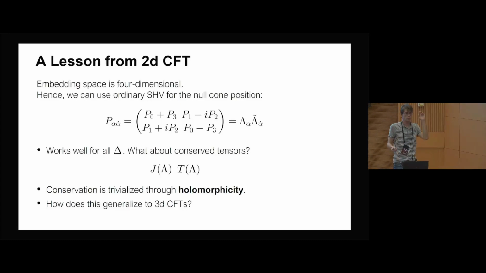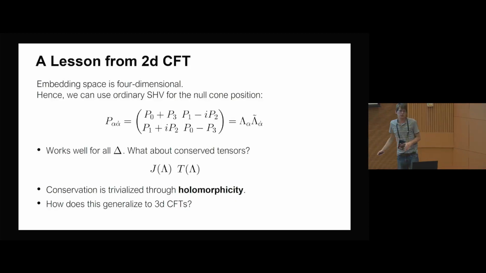To do this, we express our 4-dimensional embedding space position as a 2x2 matrix, and since this is a null vector, we can write it as the tensor product of two spinors that we will call embedding space spinors. They are basically like spinor helicity variables.